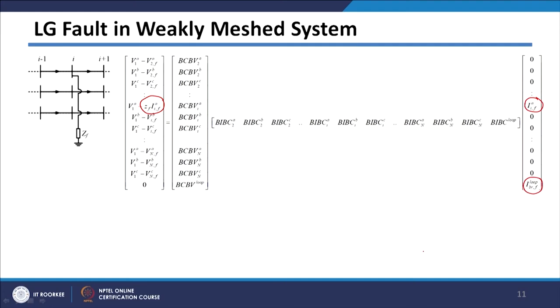So, in this case, to get the fault current value, we can just consider this expression here, or only this row. So, in this case I can easily write V1A minus ZF into the fault current in A phase, and we need to consider this row also because this is getting multiplied with a non-zero entry.